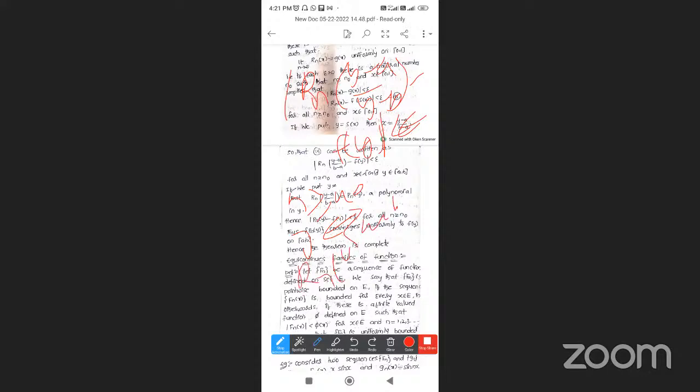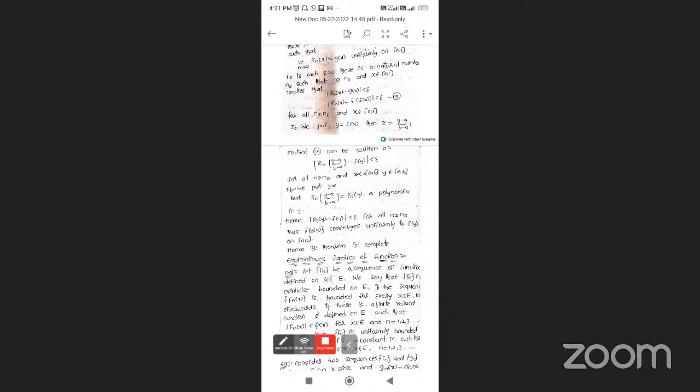Rn of (y minus a) by (b minus a) is equal to Pn of y, a polynomial. Hence Pn of y minus f of y is less than epsilon for all n greater than or equal to n naught. Thus Pn of y converges uniformly to f of y. Hence the theorem is completed.